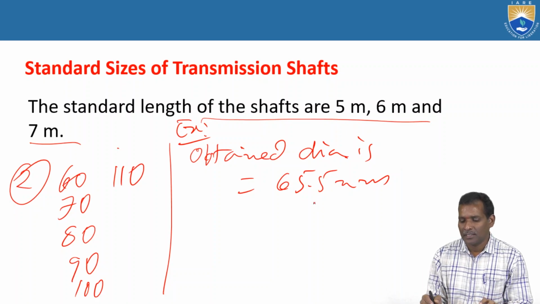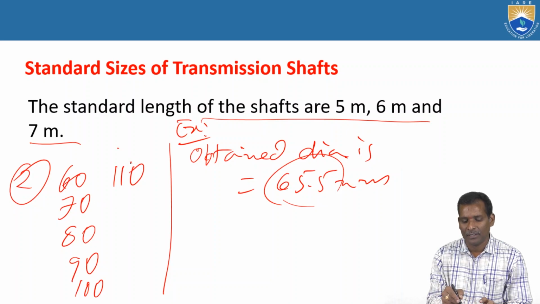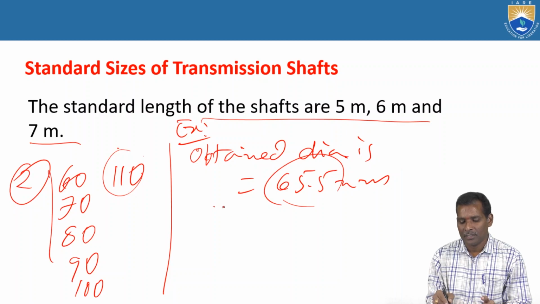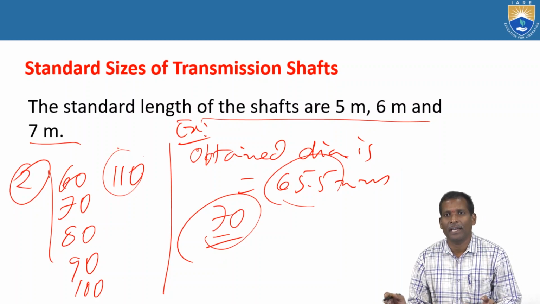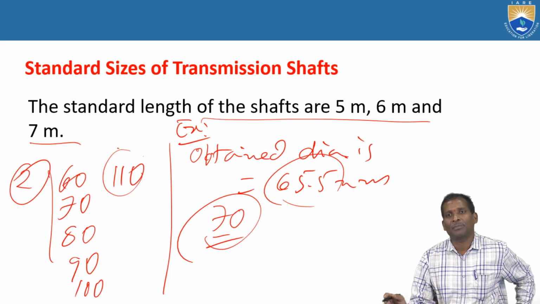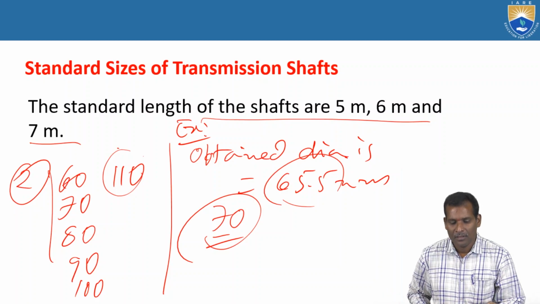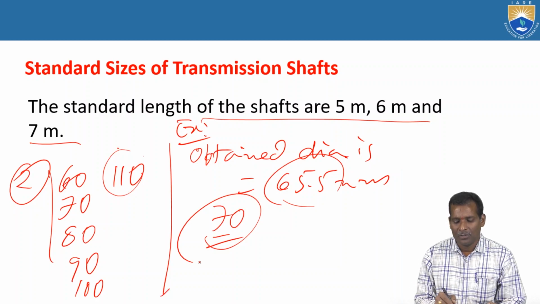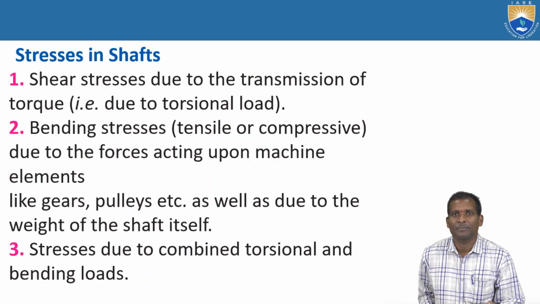The next size after 65.5 in the 10 step series is 70. So you have to fix the final diameter of the shaft as 70. So like this, you have to take the standard diameters and lengths of a shaft.